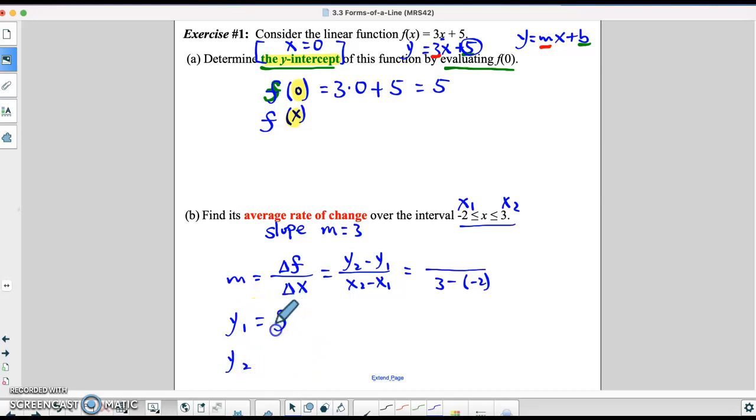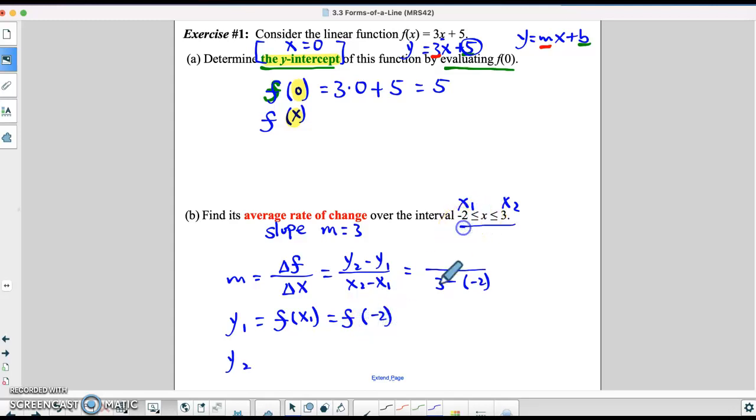Remember, y1 is the output. Given this equation, the output depends on the input. So we just need to go to the equation because we know f of x1, which is f of -2.